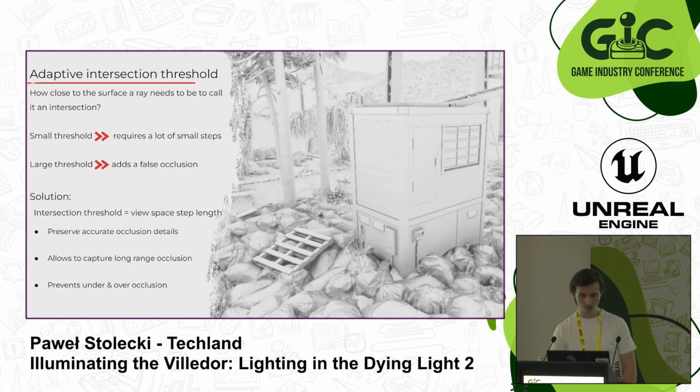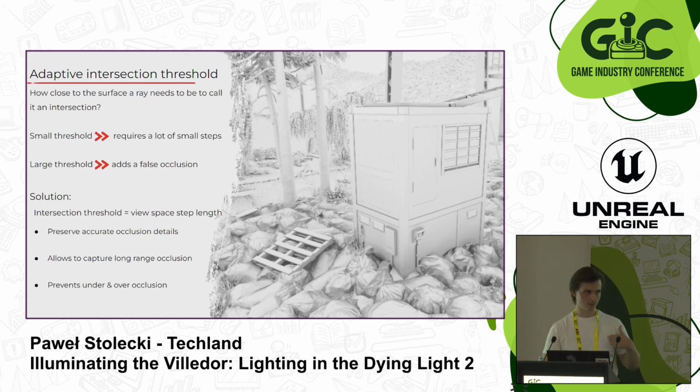We also need to take into consideration how we validate the hit, precisely the intersection threshold. What we do in our solution is called adaptive intersection threshold, and what it is exactly is that we link an intersection threshold to the ray step length.